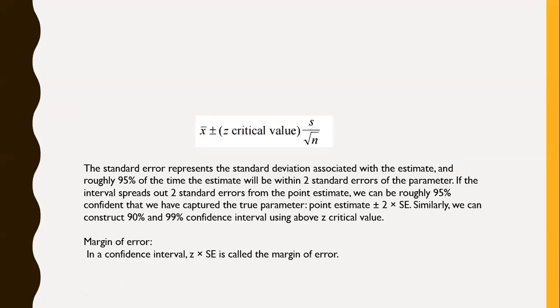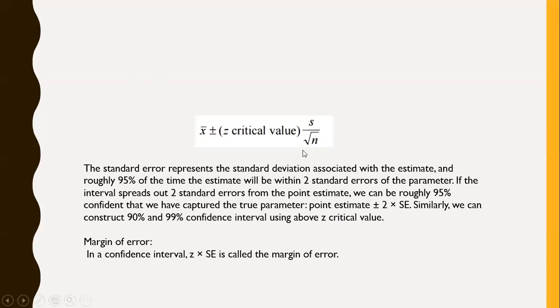I will explain how you calculate your confidence interval by hand, without using any software, right? The standard error represents the standard deviation; this part we call the standard error or margin of error. This is the critical value, and this is the mean of your sample. If you want to find the confidence interval for your population, you use this formula.